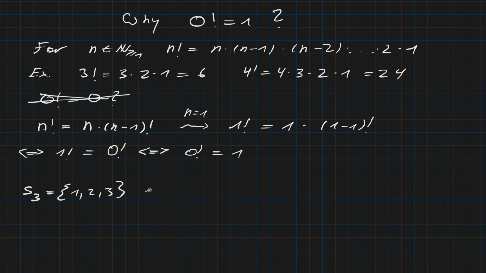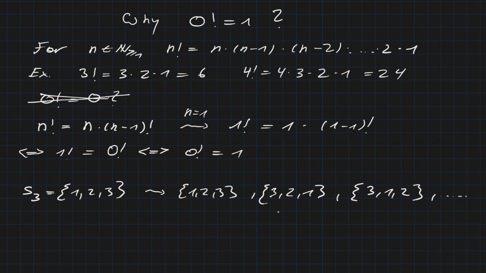One possibility would be 1, 2, 3, another one would be 3, 2, 1. How about 3, 1, 2, and so on. And the number of possibilities you have for this given set is actually 3 factorial.